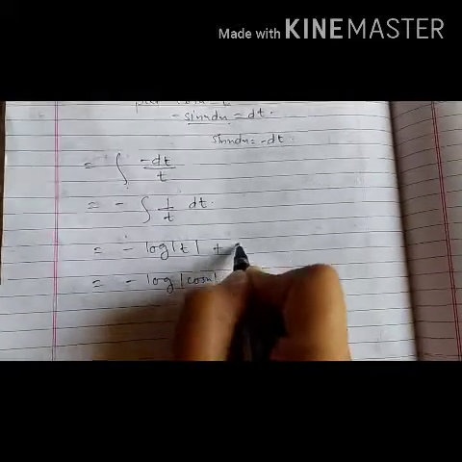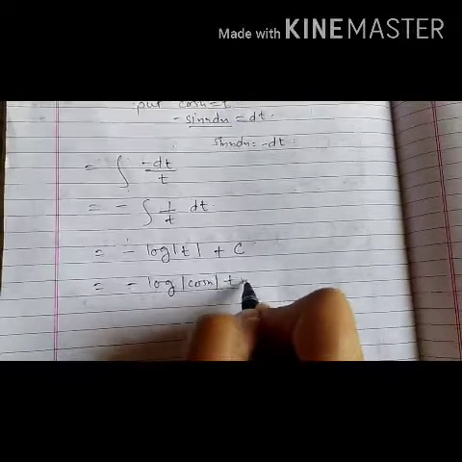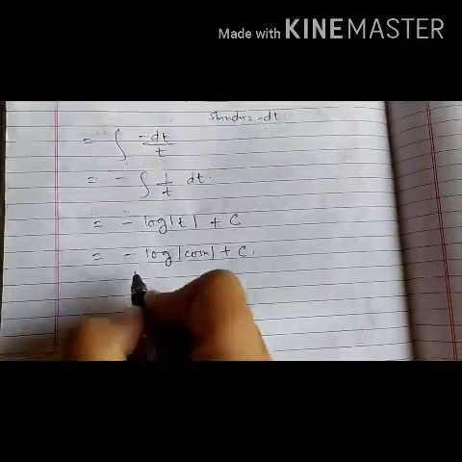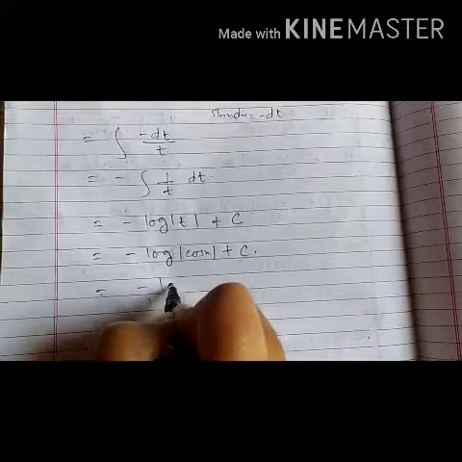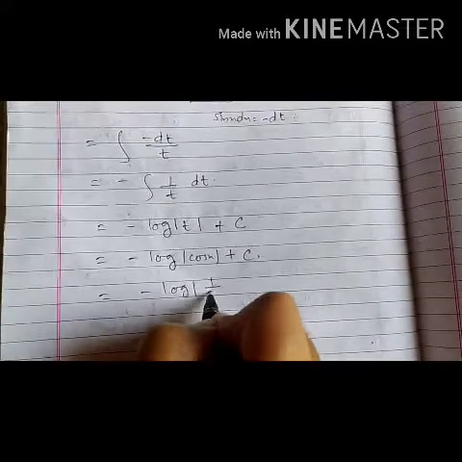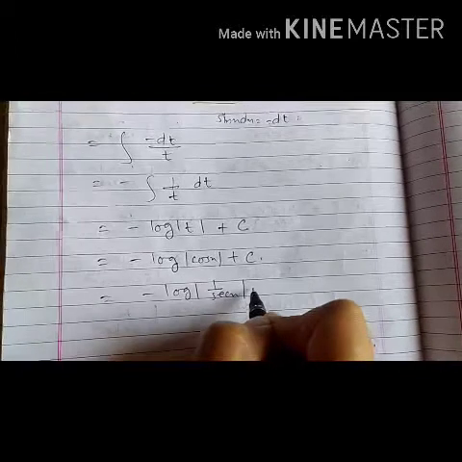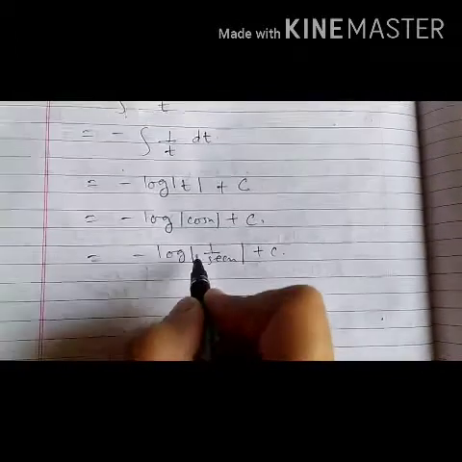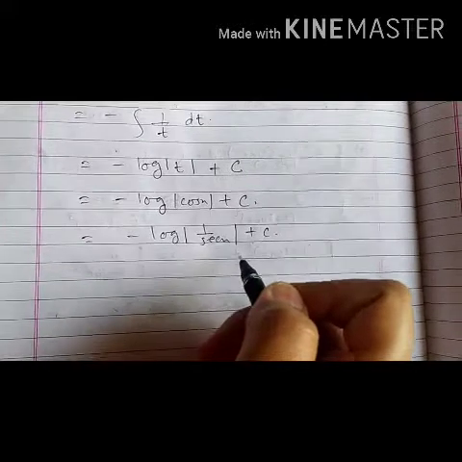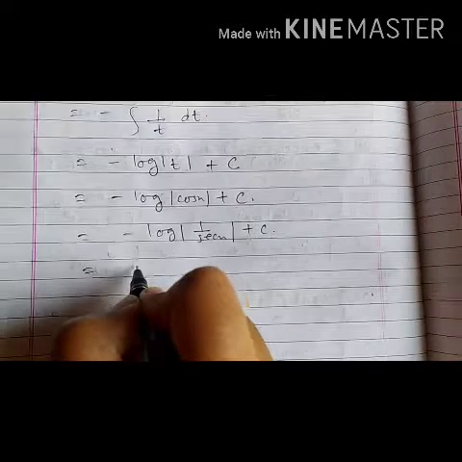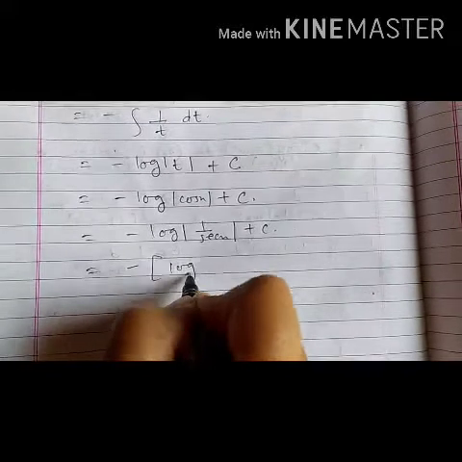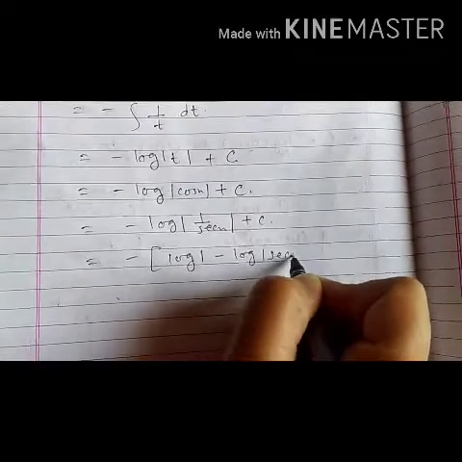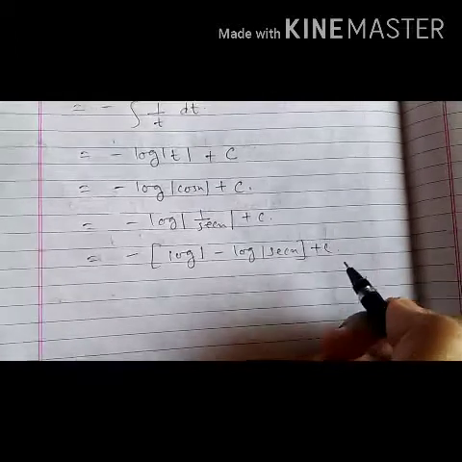Now here we should write the constant of integration plus c. Now cos x we can write as 1 upon sec x, so minus log of mod of 1 upon sec x plus c. Now we know that log of a upon b is log a minus log b. So it will be minus of log 1 minus log of mod of sec x plus c.